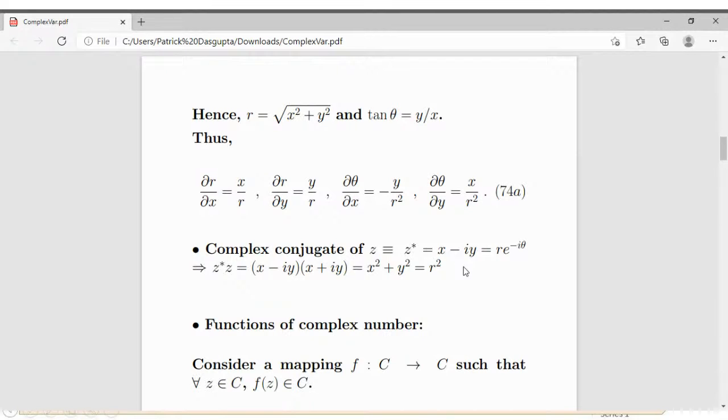But complex conjugation of iota is defined to be minus iota. That is, under the operation of complex conjugation, iota goes to minus iota. And therefore, if z is equal to r into e raised to power i theta, z star, the complex conjugate of z, is r into e raised to power minus i theta.